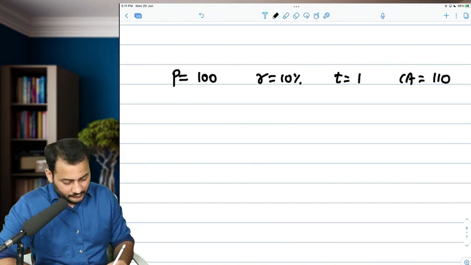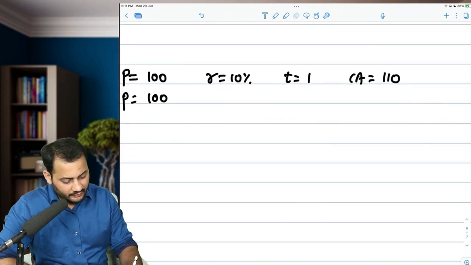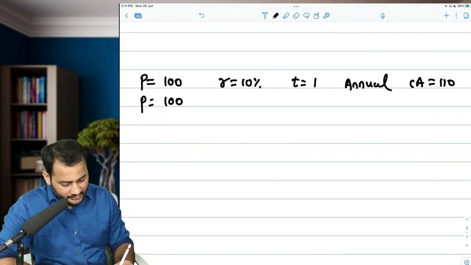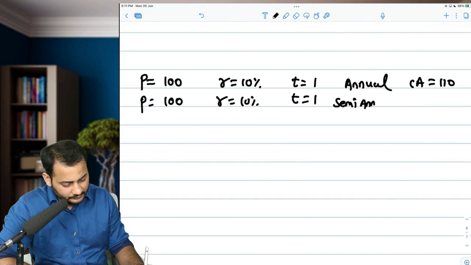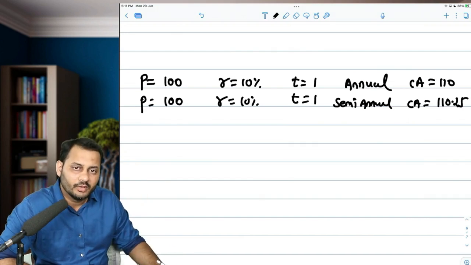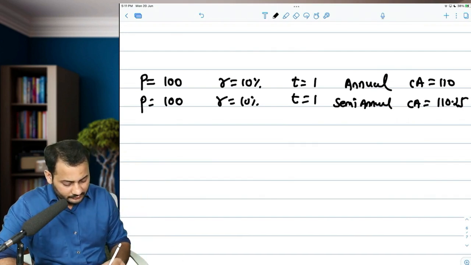Good. Why will you receive 110? I will just make it more clear. If the compounding is annual, then you will receive 110 rupees. If you invest 100 rupees, rate of interest is 10%, time is 1 year, and the compounding is semi-annual, the amount that you will receive is 110.25, as seen previously. What was the formula for this?